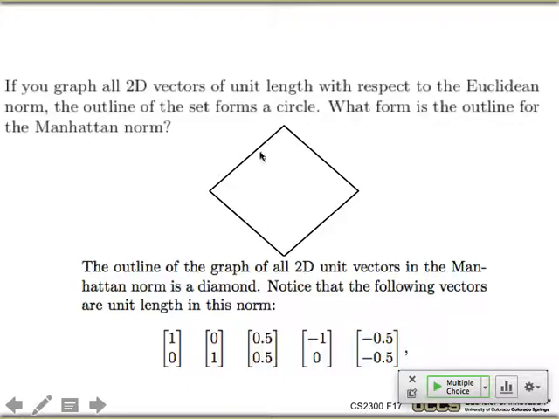And so this is a unit circle under the Manhattan norm. It's not quite a circle, but it sometimes gets called a unit circle under that norm. So notice that all of the following vectors, (0, 0), (1, 0), (0, 1), (0.5, 0.5), all of these add up in absolute value to 1. And so they're all on this unit distance.